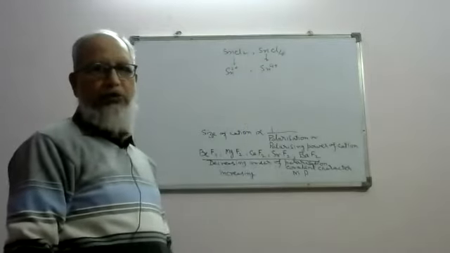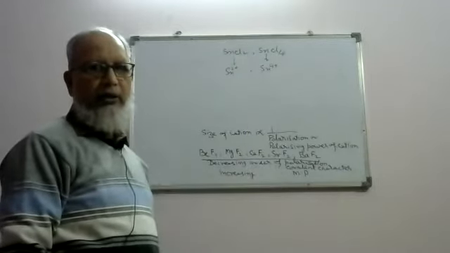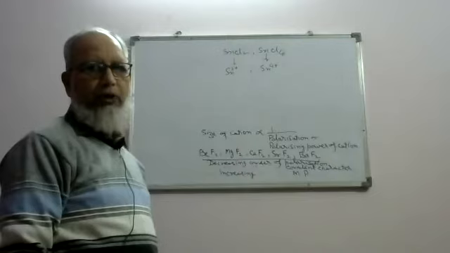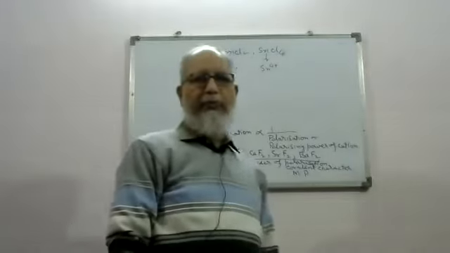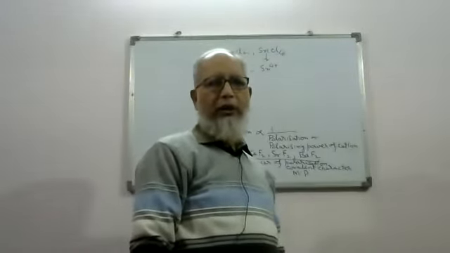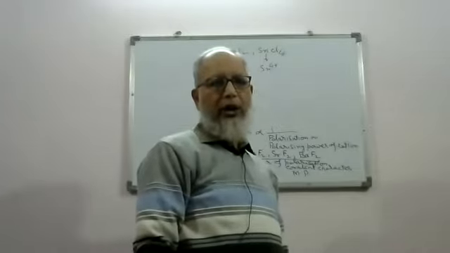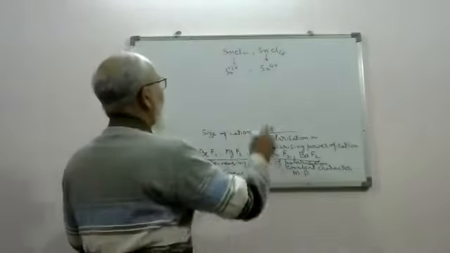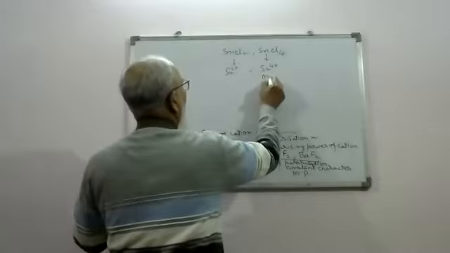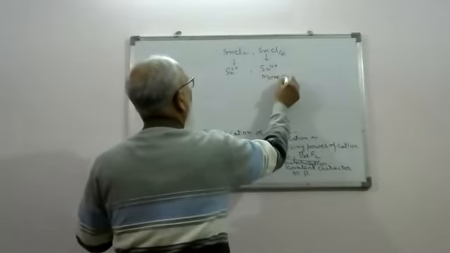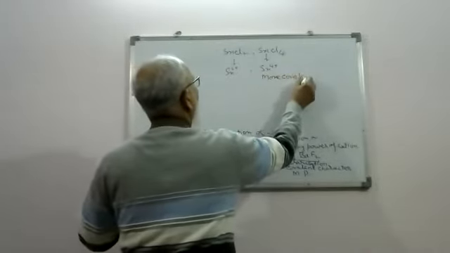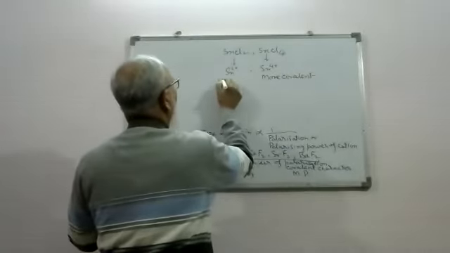So greater is the positive charge on the cation, greater will be the polarizing power, more will be the covalent character, or lesser will be the ionic character. So on this basis, this is your more covalent and this will be more ionic.